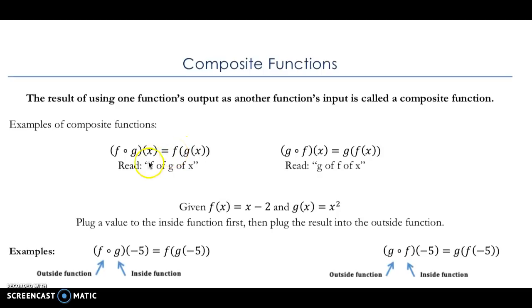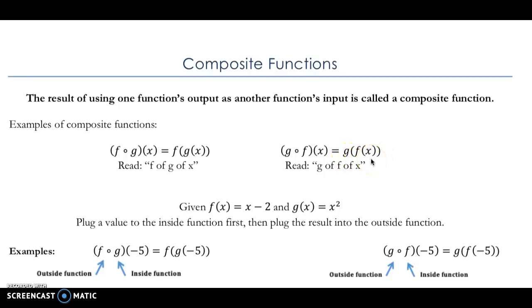Now, one thing I want to point out is this symbol right here. Don't get it confused with a multiplication symbol. That would be a closed dot. So anytime you see this open dot right here, it means a composition of the functions. So similarly over here, you have g of f of x, which can also be written this way.